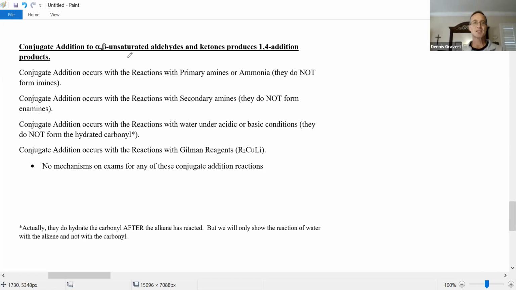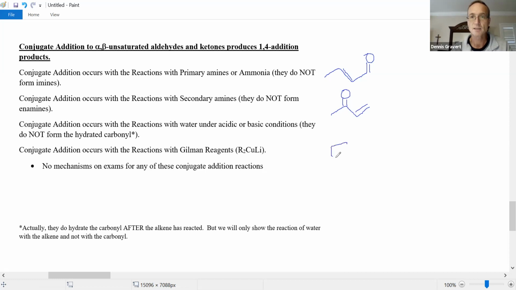Okay, there's four of those reactions that we've learned in this unit that we need to pay attention to if you have conjugated aldehydes or ketones. Alpha beta unsaturated aldehydes or ketones. So what were our three? We had this one, and it can be any, right? We'll have this one.